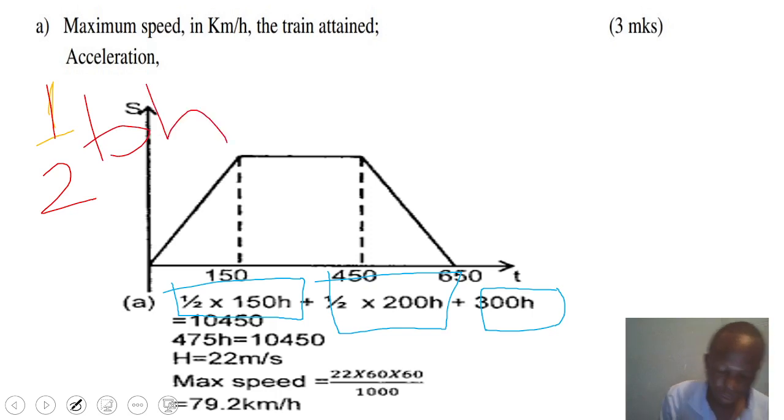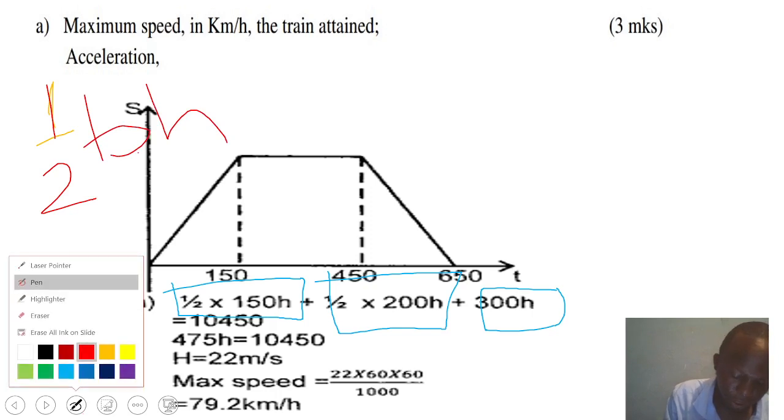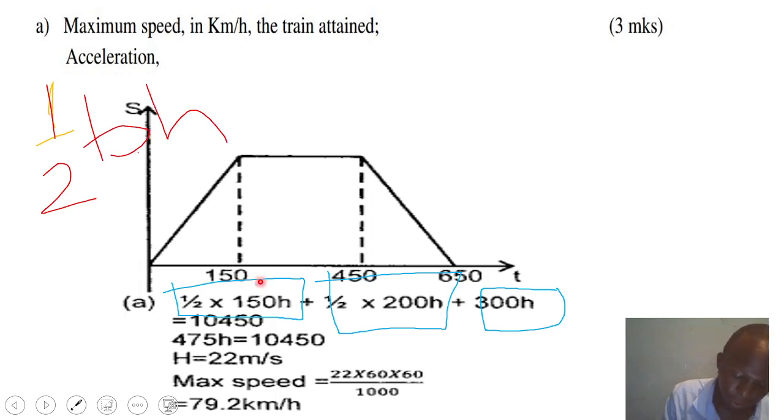So we have treated this 150 here as the base, and then the height is h. That is for the first triangle, the base is 150. The second triangle, the base is 200.